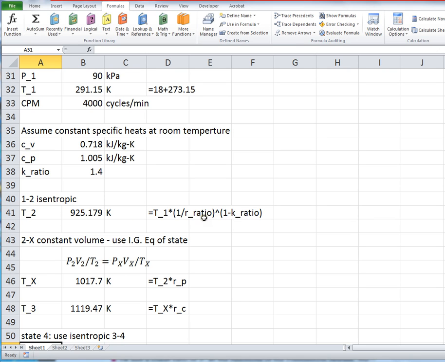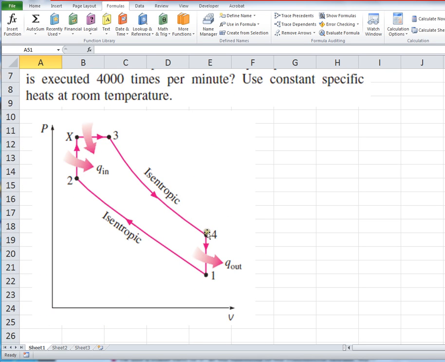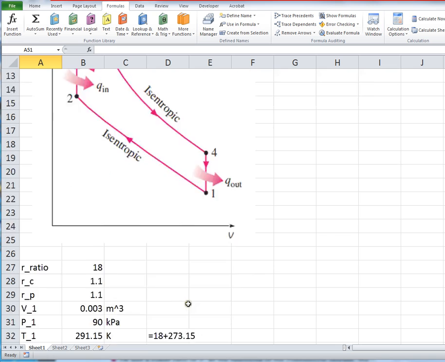But now the tricky part is this volume ratio V4 to V3 needs to be found. And as you'll recall, it's the compression ratio, V1 over V2, divided by the cutoff ratio, V3 over V2.